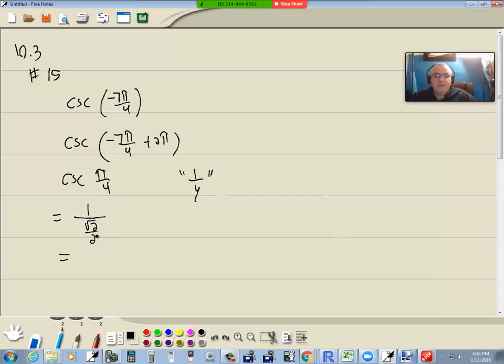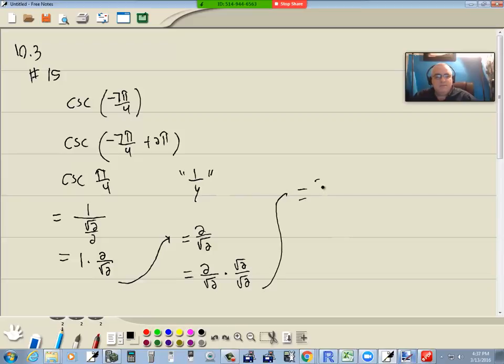Now we're going to flip the bottom fraction, multiply times the top, so we've got 1 times 2 over square root of 2, which is 2 over square root of 2. Now we'll multiply the top and bottom by the square root of 2. So we got 2 over square root of 2 times square root of 2 over square root of 2, which gives us 2 square root of 2, and square root of 2 times square root of 2 is 2, so those 2's would cancel, and we'll be left with square root of 2. And that's our answer.